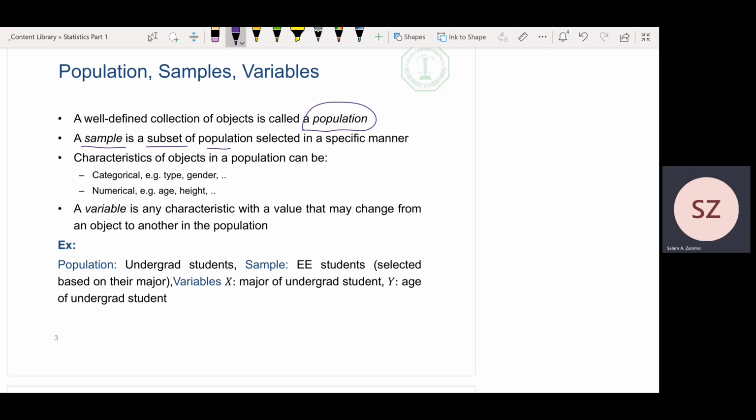For example, you have students and you want to see the average of the students. What you do is you try to get a sample of the number of students. Instead of talking about 10,000, no, I will take only 100 students or 200 students and I will do my study. What study? I will try to estimate the average GPA, I will try to estimate the average graduation rate, and so on.